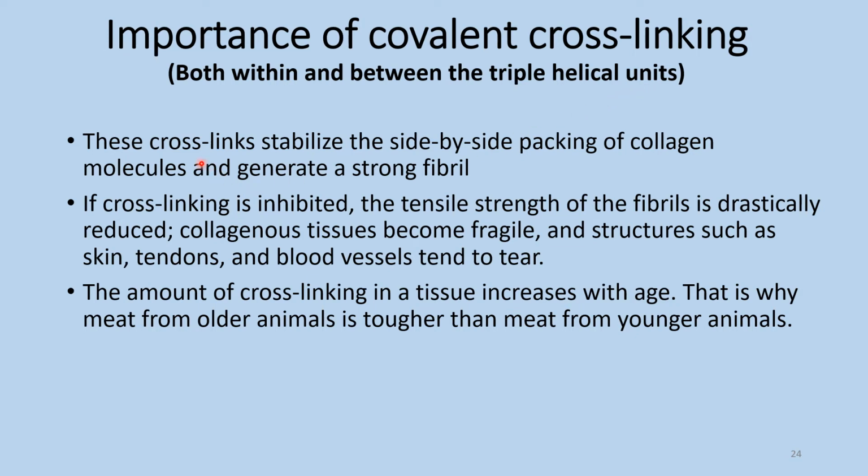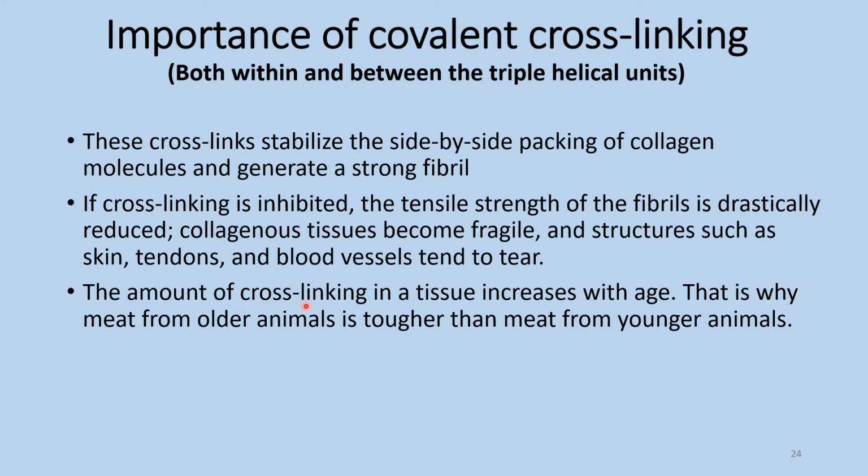These cross-links stabilize the side-by-side packing of collagen molecules and generate a strong fibril. If inhibited, the tensile strength of the fibril is drastically reduced. The collagenous tissue becomes fragile and structures like skin, tendons and blood vessels tend to tear.